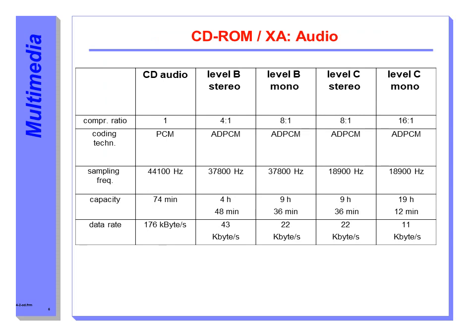Here is the overall format of how we can see audio: stereo, mono, and level C in stereo, level C in mono also. This shows the different types of coding technologies, sampling frequency, capacity, and data rate.